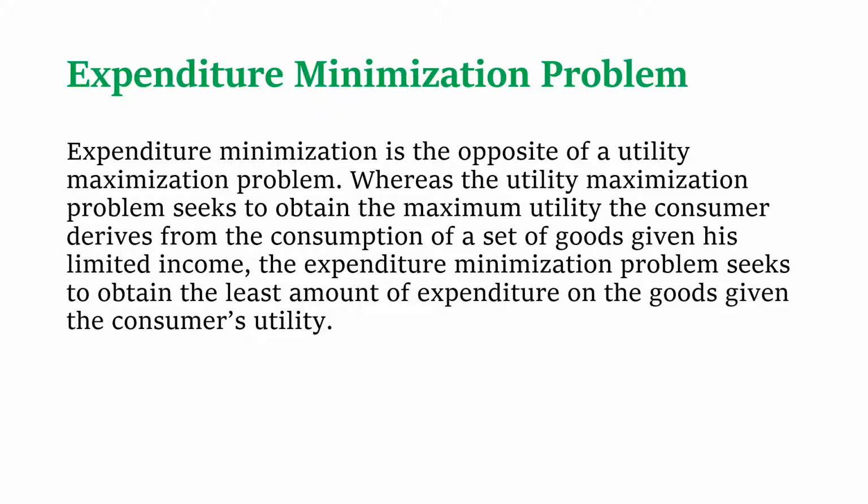Whereas the utility maximization problem seeks to obtain the maximum utility the consumer derives from the consumption of a set of goods given its limited income, the expenditure minimization problem seeks to obtain the least amount of expenditure on the goods given the consumer's utility. So that's the difference between the two.